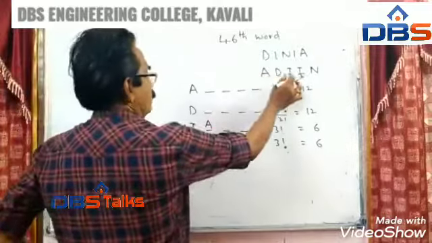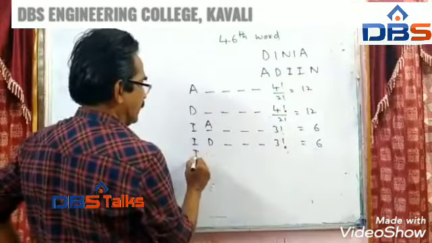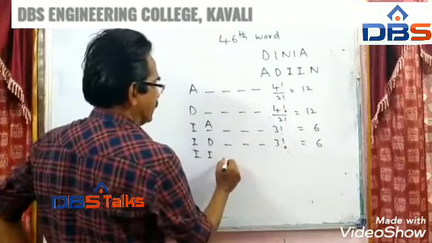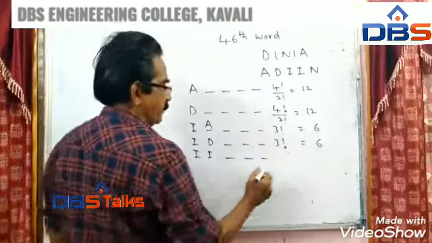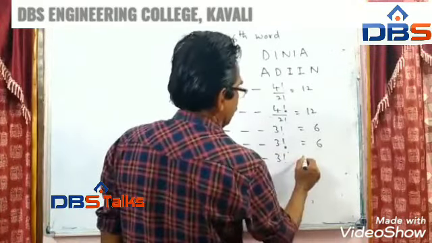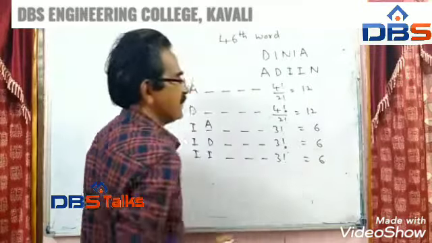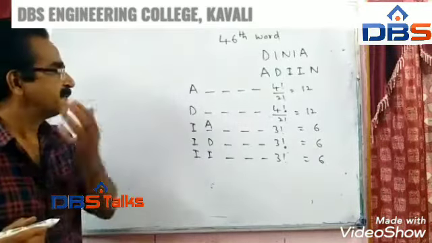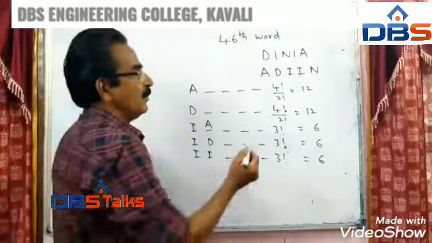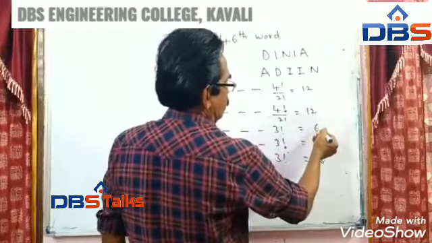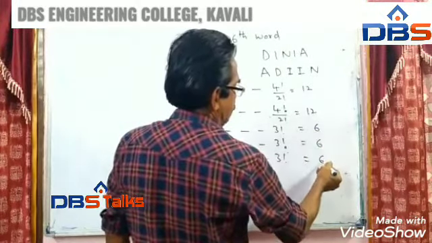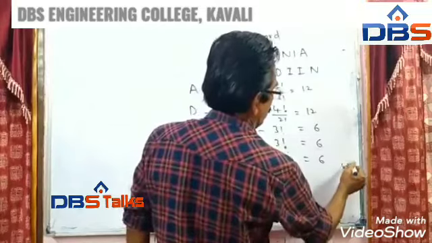After D, we have to take I in the second place. Again we get 3 factorial, that is equal to 6 ways. So 12 plus 12, 24, 30, 36 plus 6, 42 over.